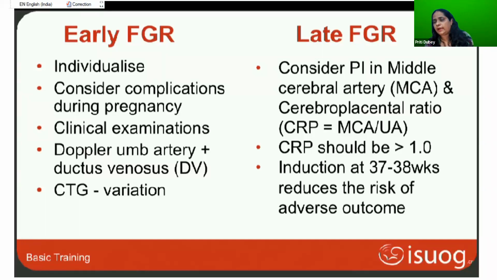As soon as you diagnose late FGR, you have to induce those babies and deliver. The thing is very simple: very difficult to diagnose, very easy to treat. That is late FGR. But early FGR is very easy to diagnose, but very difficult to treat.